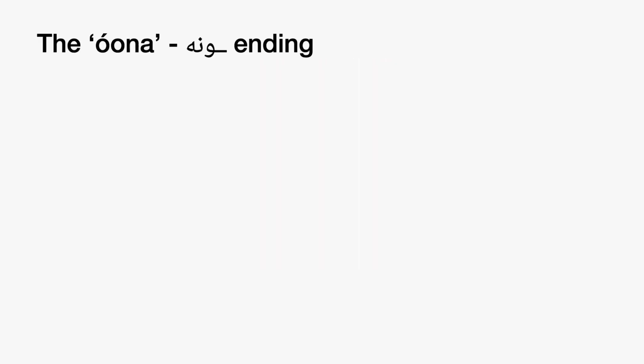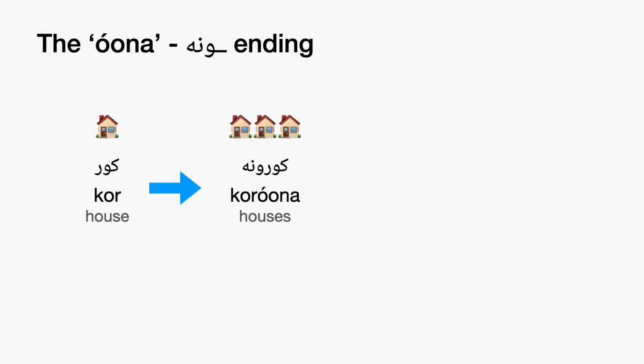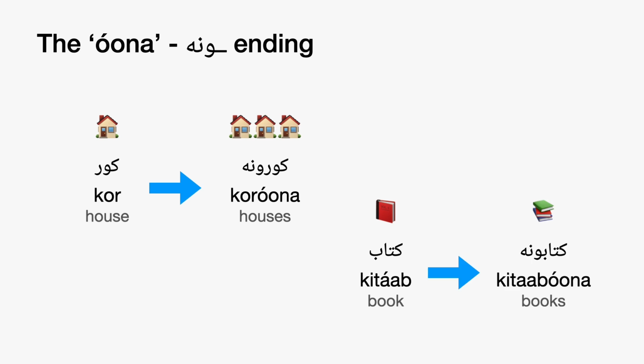So let's look at, first of all, the una ending. We can add these to words like kor, for instance. We can say koruna, and that makes it into houses. Or if we have kitab, like we saw earlier, we can add una on the end, and it becomes kitabuna for books.